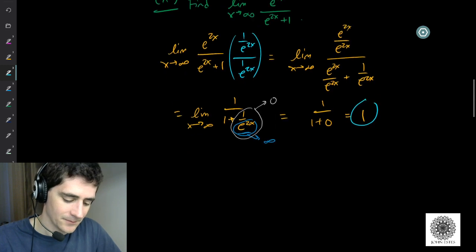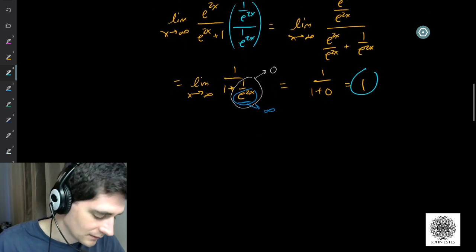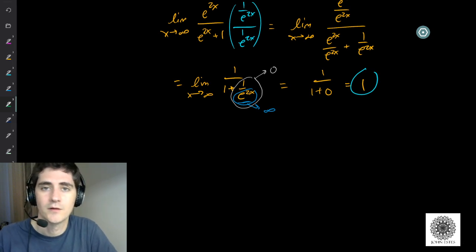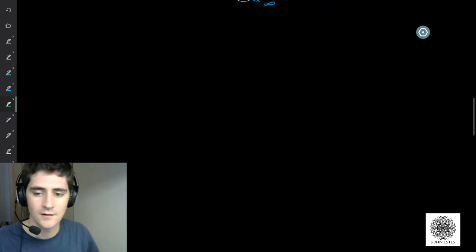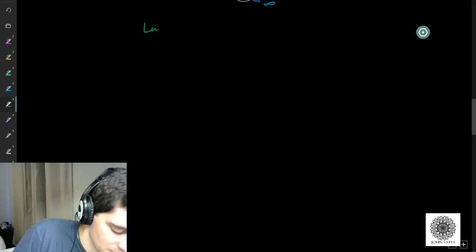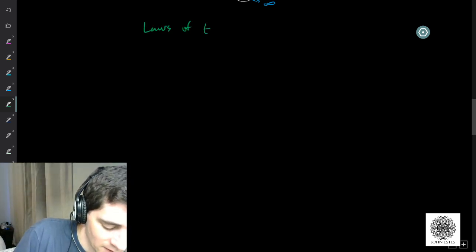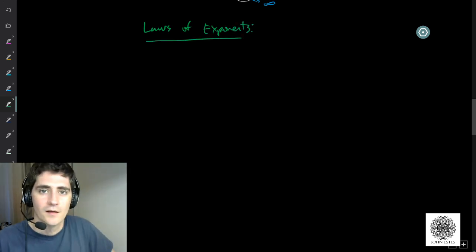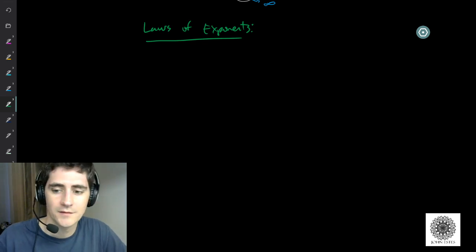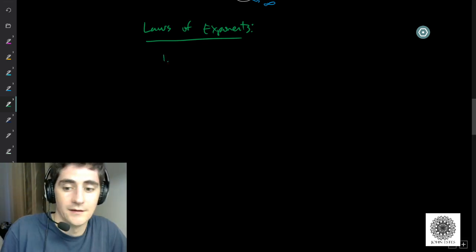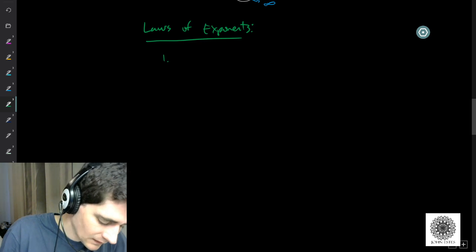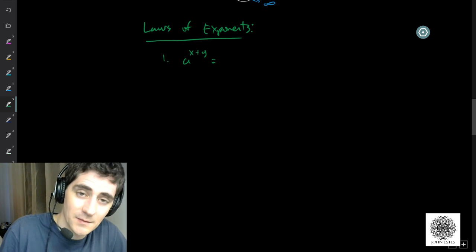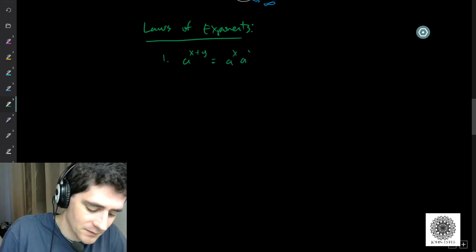Okay, now, in dealing with these things, since we're using variables as exponents, it's good to review some more algebra. These are some laws of exponents, and these apply in general to all exponential expressions, including e to the x. So here's some. a to the x plus y power is the same thing as a to the x times a to the y.